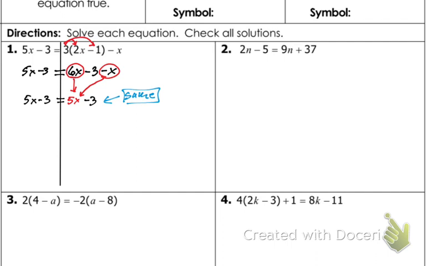I like that we see this, but we should say I didn't see it. So let's keep solving it. If I want to get rid of a positive 5x, I'm going to subtract 5x from both sides.